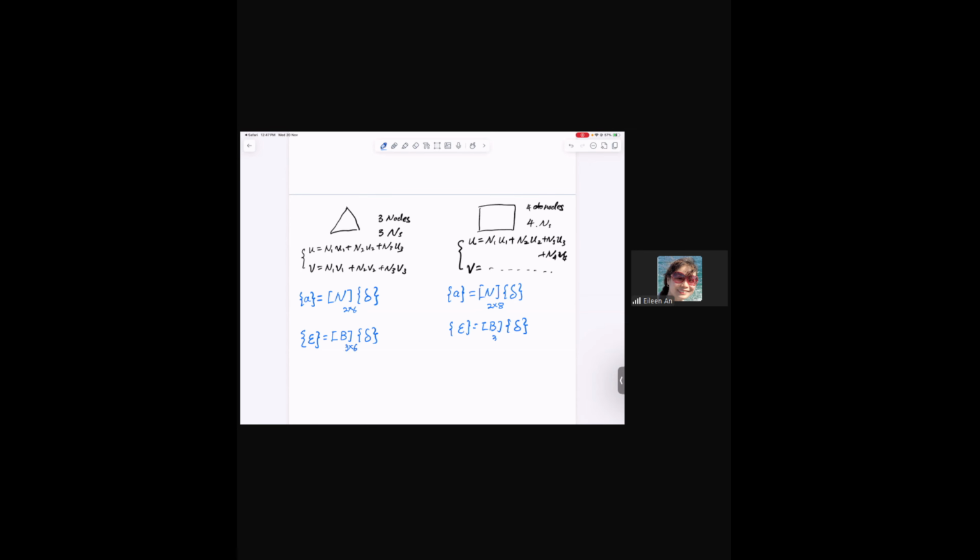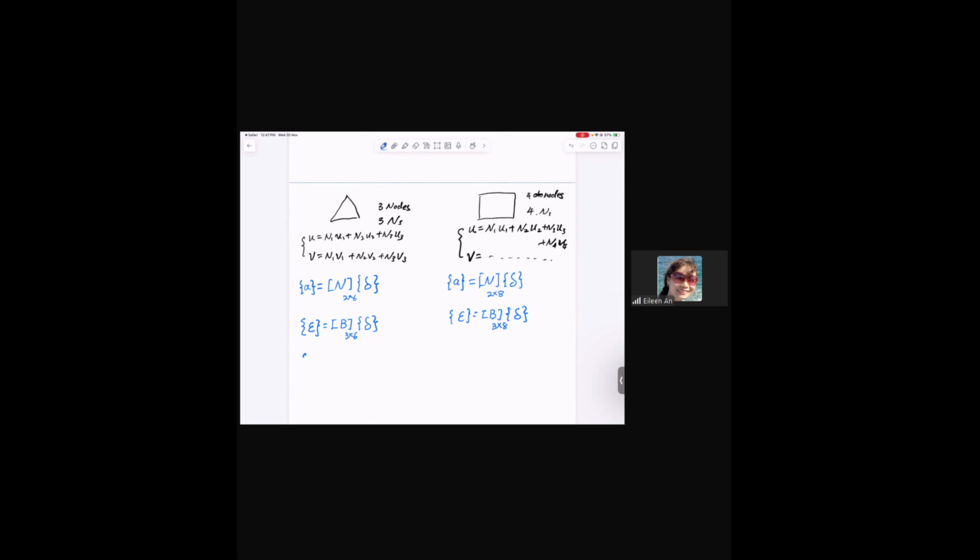And for four node element, B matrix is a 3 by 8 matrix. To calculate stress, we need to use D matrix multiplied by strain.